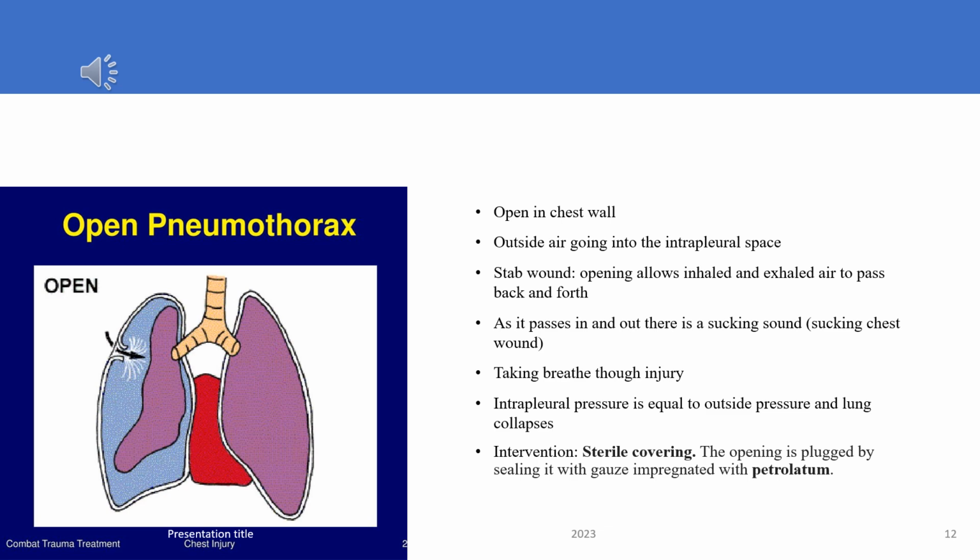The main thing you need to understand is that with an open pneumothorax, the lung is going to collapse. So you need to cover that chest wound with a sterile pad with Vaseline on it to plug that hole so that we don't get more and more positive air pressure going into that lung.